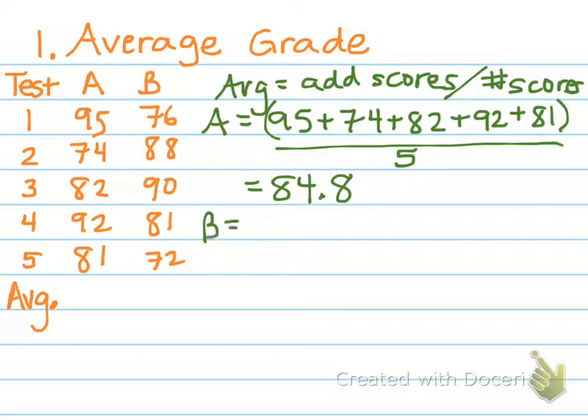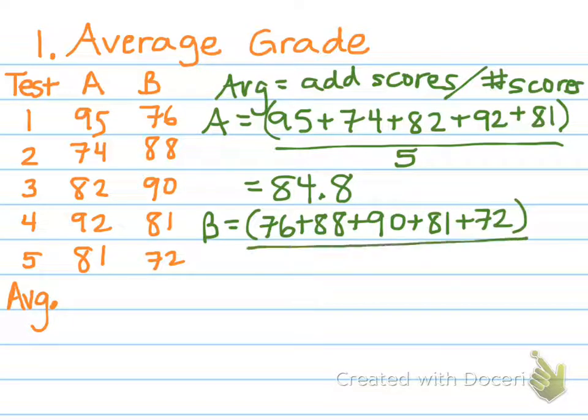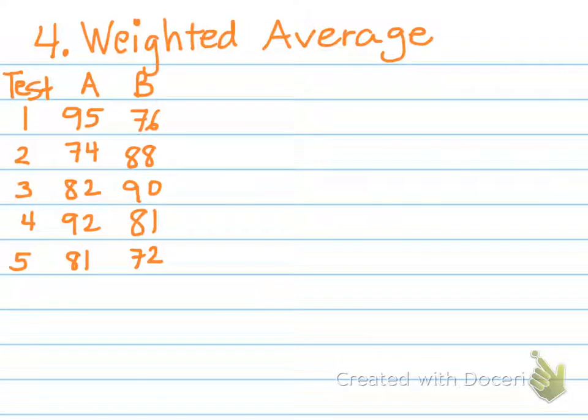For student B, you're going to do 76 plus 88 plus 90 plus 81 plus 72. And then again divided by 5 because there are 5 scores. And you should get about an 81.4. Okay. Again, straight up average like you've always done average. Okay. Nothing really revolutionary there.